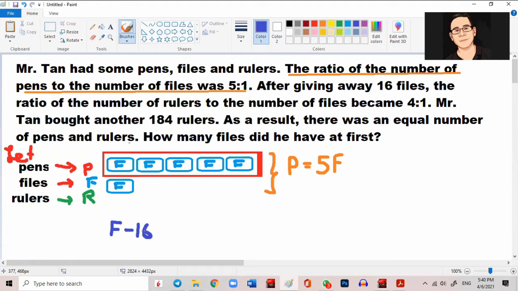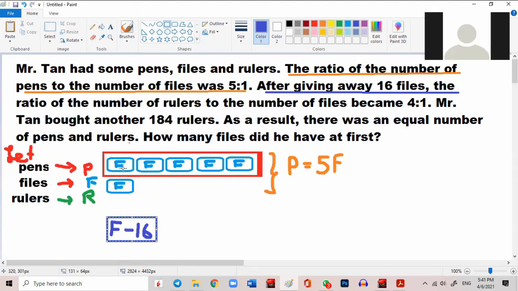Because he gave away 16, the files is no longer the original F. Whatever file I have, I have to minus 16. After you give away the file, what is the new file? It's F minus 16, right?